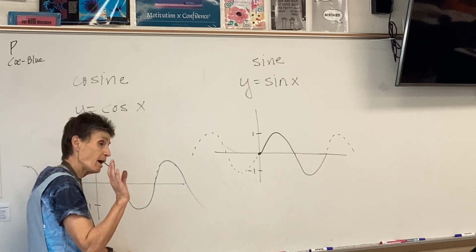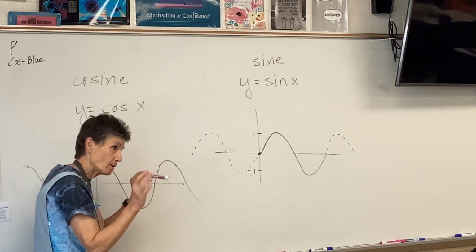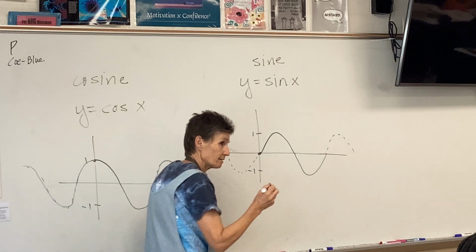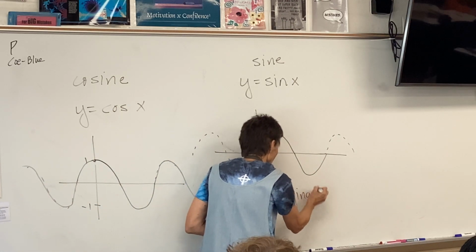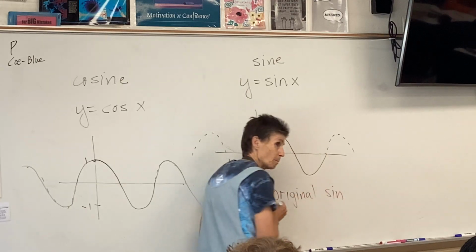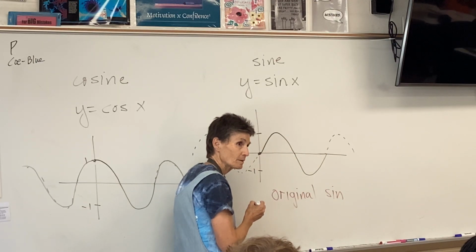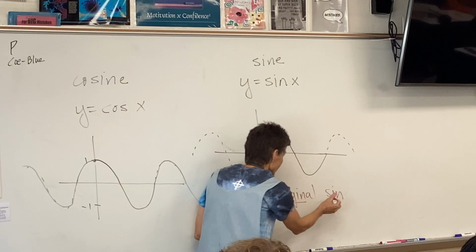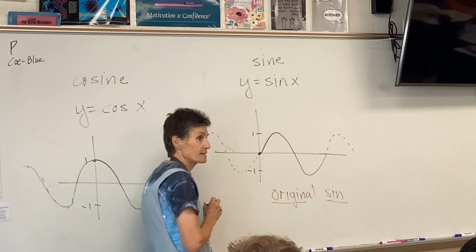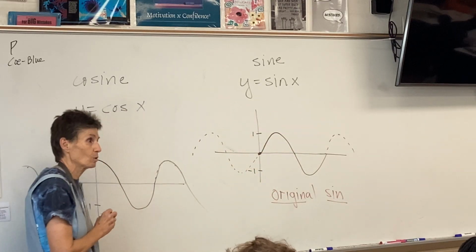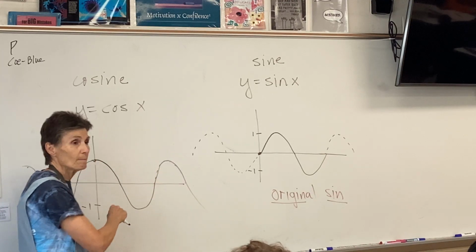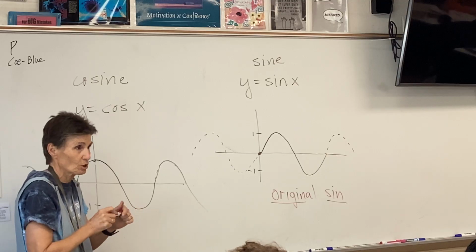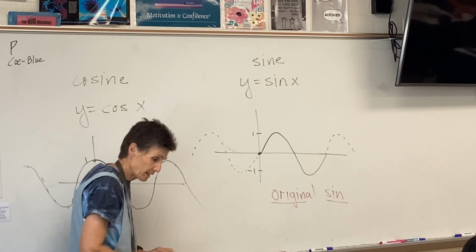Now, I'll tell you how I remember this, but you figure out your own way. Good Catholic girl, I remember the idea of original sin from religion class. Origin, sine. The sine starts at the origin. It is easy to get these two mixed up because they look so much alike. But somehow you have to keep them straight.